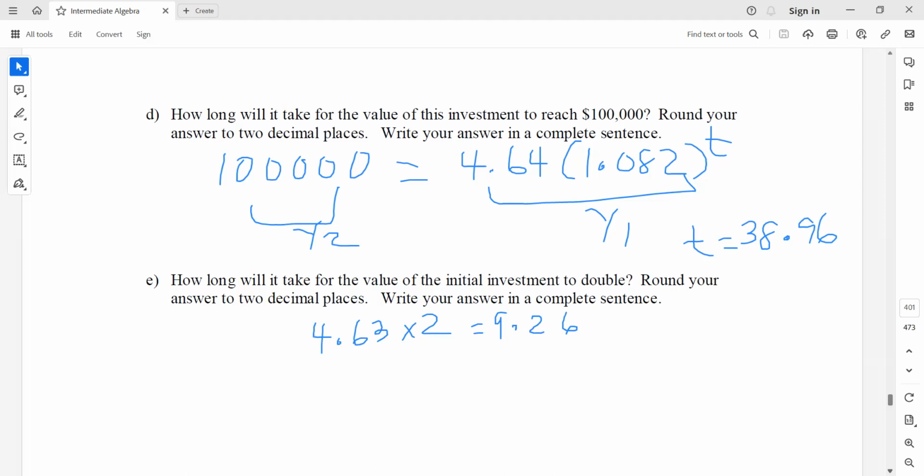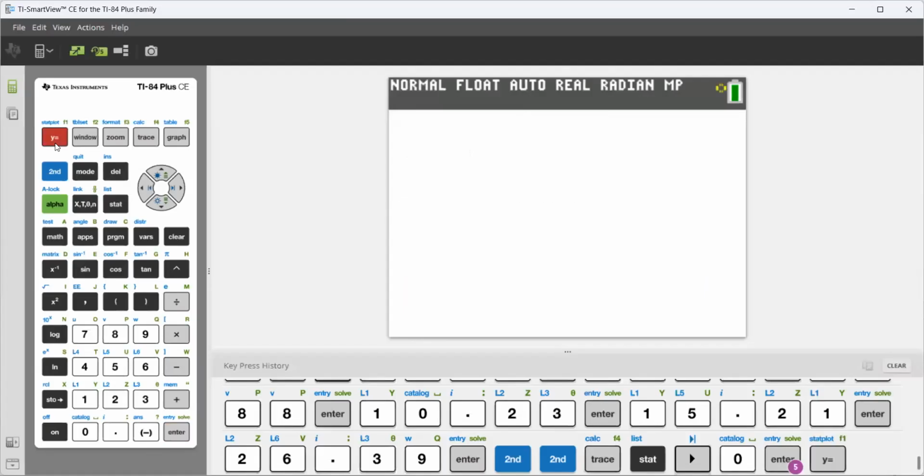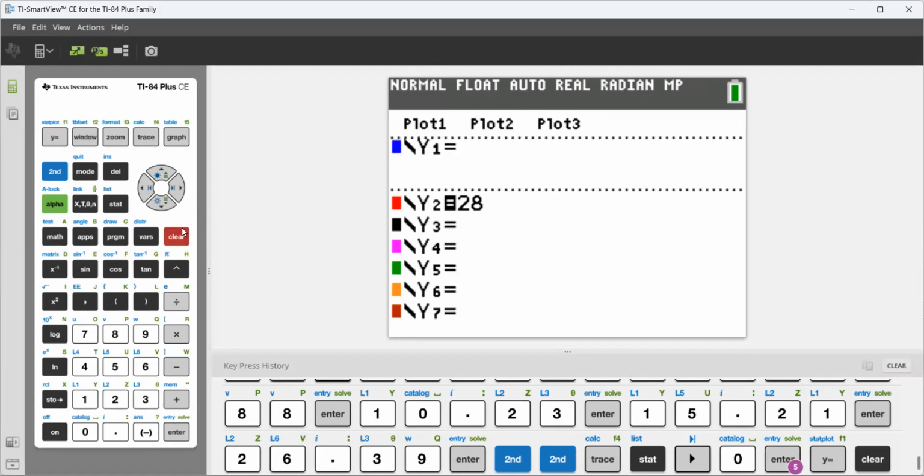So how long will it take for it to double? So you have 9.26 equals 4.64 times 1.082 to the power T. So Y1, Y2. So let's do that on the calculator and see what we got. This is the last problem, so let's erase that. Our Y1 is going to be 4.64.